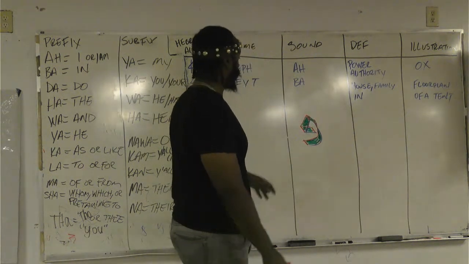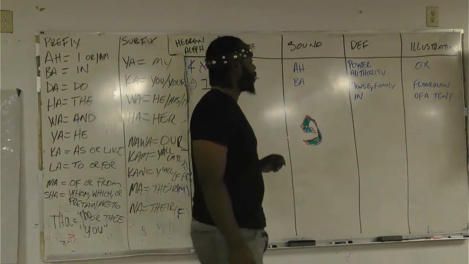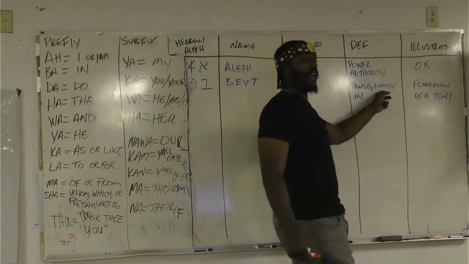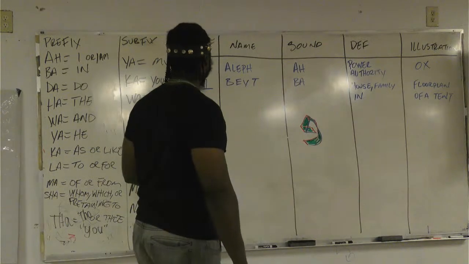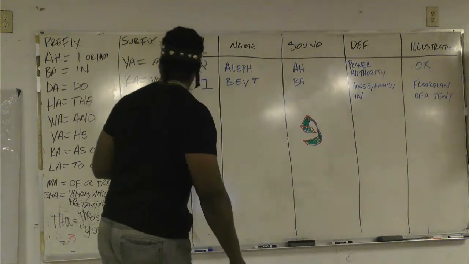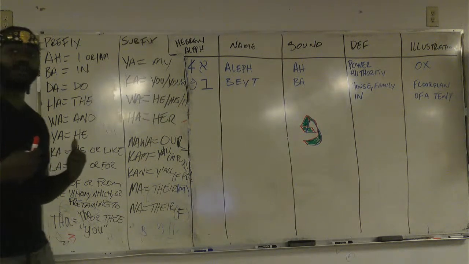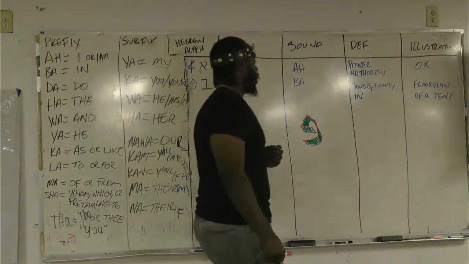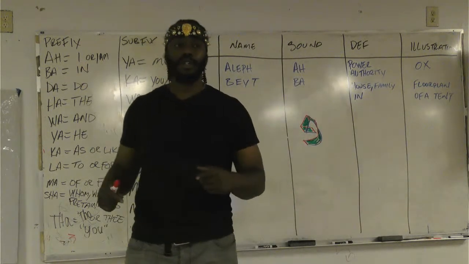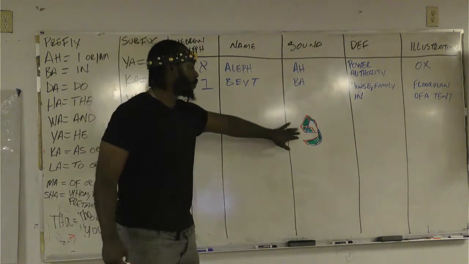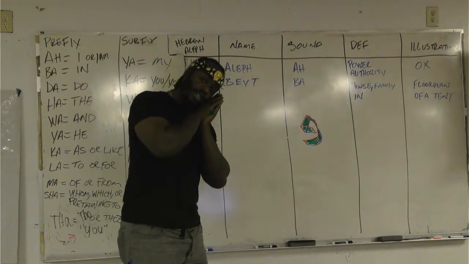So inside of a home or a house is what? Family. And coincidentally, ba as a prefix means in, as in to enter, which comes from in, the place where you come in to sleep or rest.